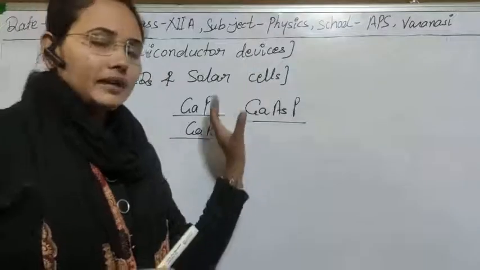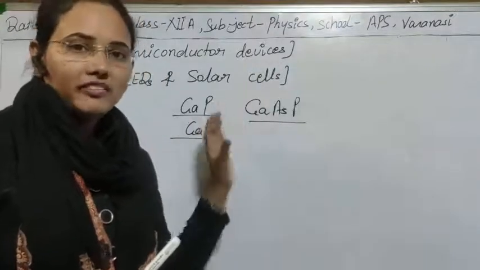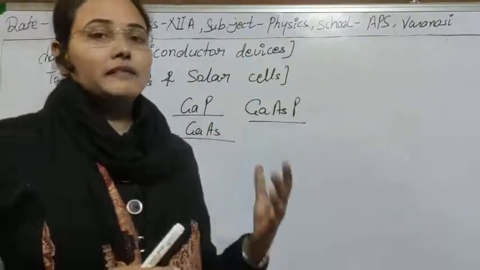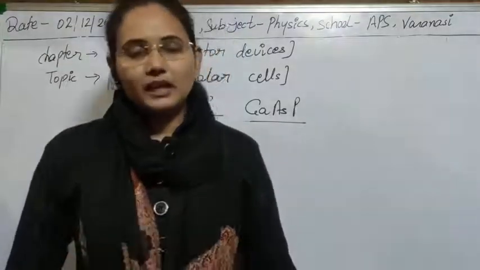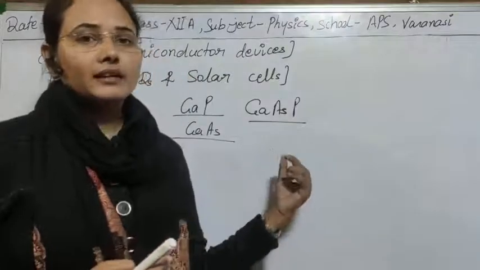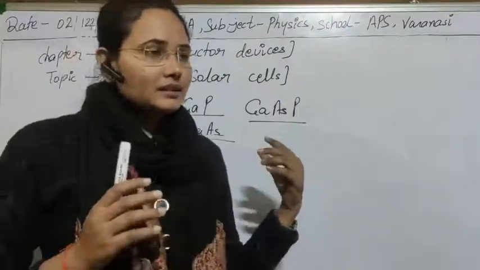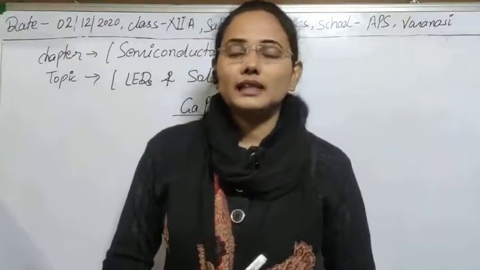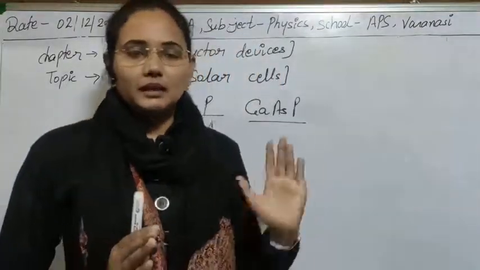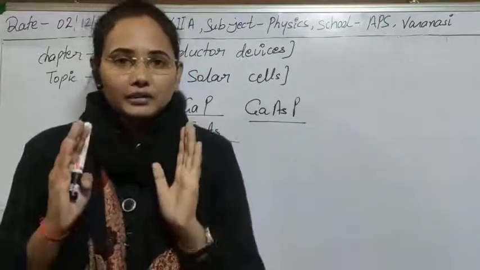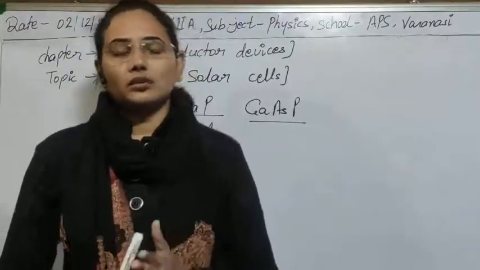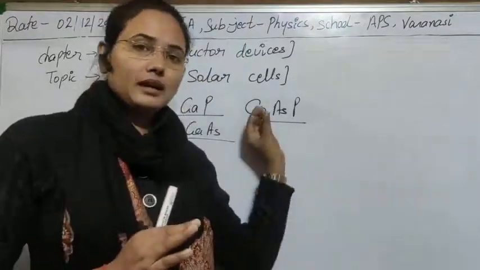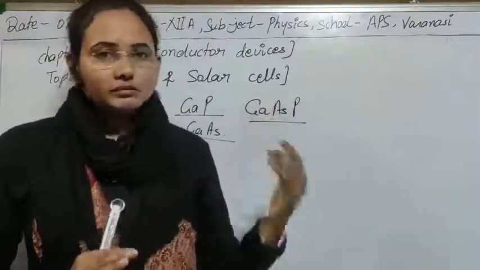When we fabricate LEDs with these materials, different colored lights are obtained, which means emission of light takes place. In silicon and germanium, most of the energy appears as thermal energy, but here most of the energy after the recombination of electrons and holes appears in the form of light. So we can use these types of material to fabricate LEDs.